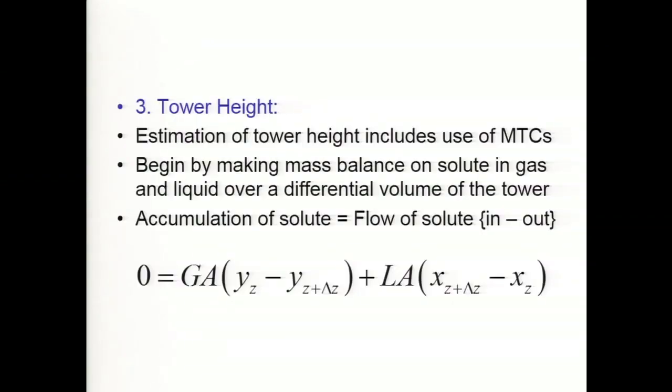Okay. So, first we make the mass balance over the solute in this portion delta Z, considering both gas and liquid together. If area of cross section is capital A and this height is delta Z, then capital A times delta Z is the volume of this section, but it is packed.